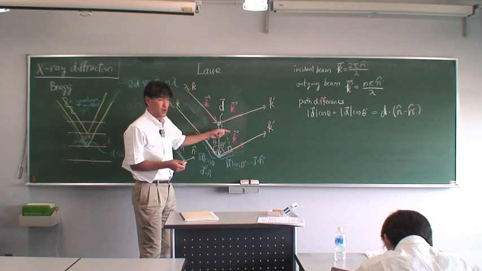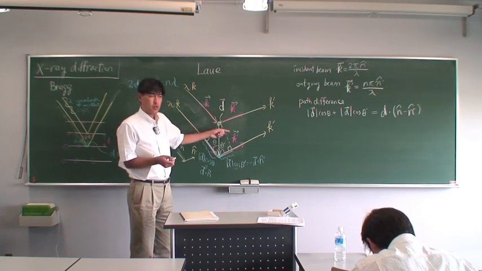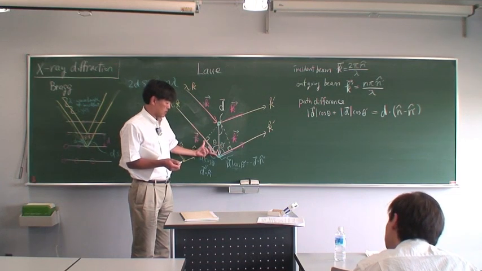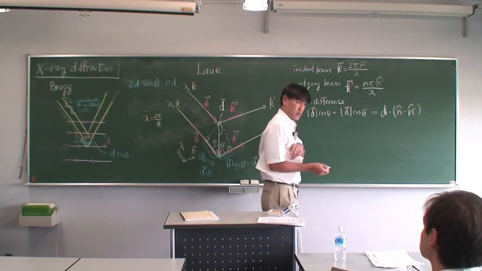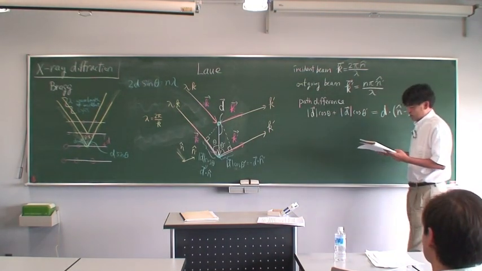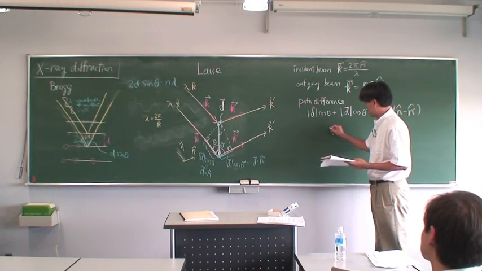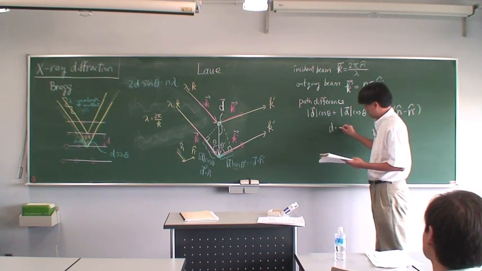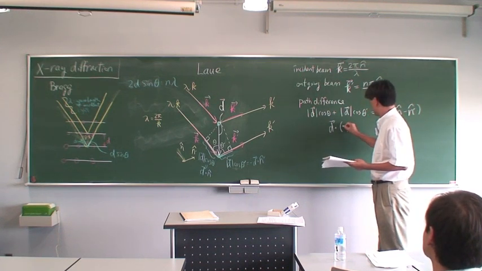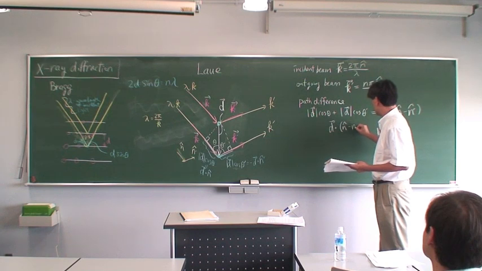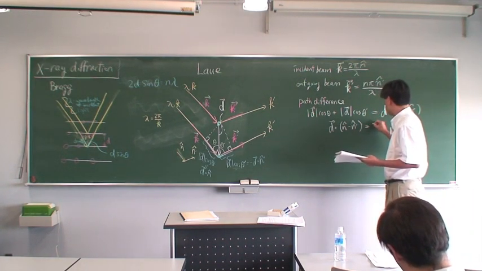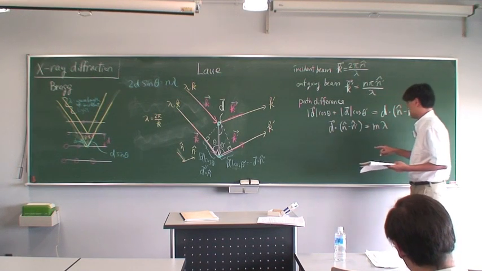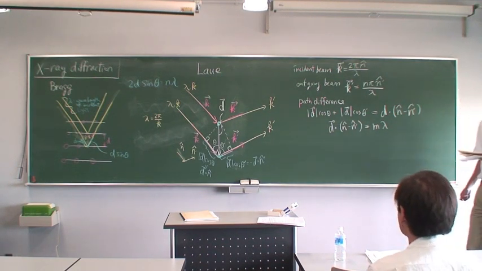And for these two rays to interfere constructively, the path length here has to be an integer multiple of the wavelength. So to have this condition, we say d dot n minus n prime has to be m lambda. M is just some integer.